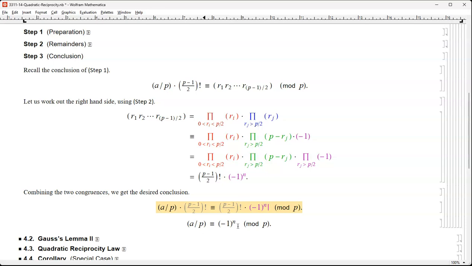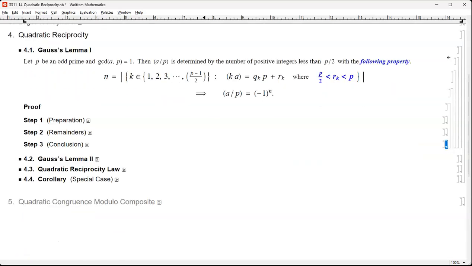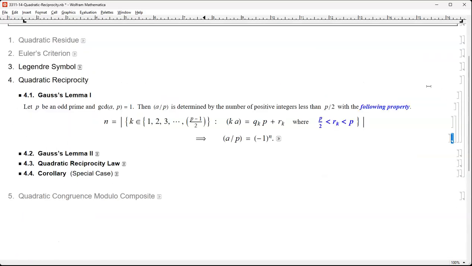So after cancellation, oh voila, we get what we want. The Legendre symbol (a over p) is indeed negative 1 to the nth power. That completes the proof of Gauss Lemma number 1. And we're going to go ahead to Gauss Lemma number 2 in the next video.